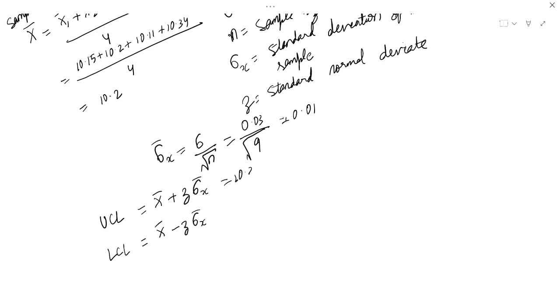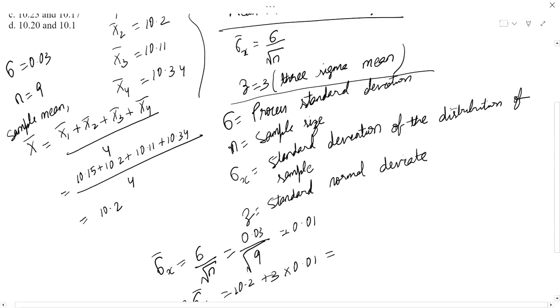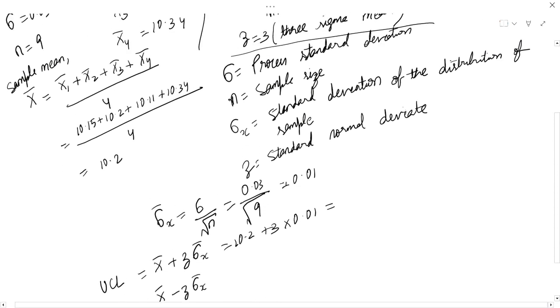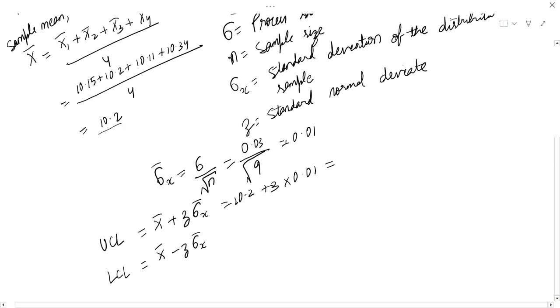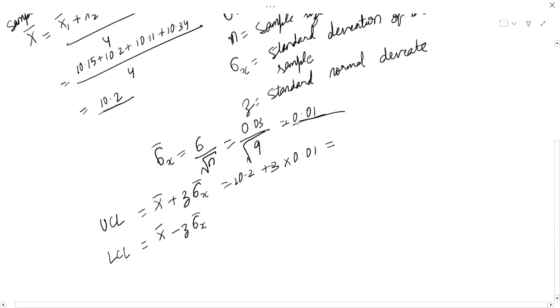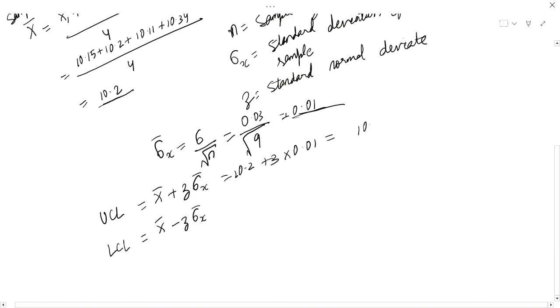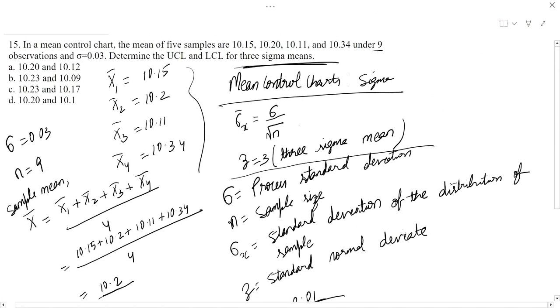This is 10.2 plus 3 into 0.01, which we found just now. Z is equal to 3 as given, and x bar we took this value. This is equal to 10.23. The lower limit is 10.2 minus 3 into 0.01, which is equal to 10.17. So the correct option is 10.23 and 10.17.